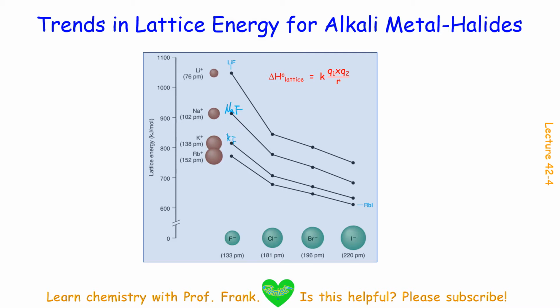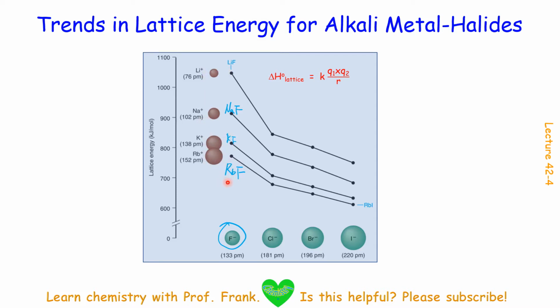Now potassium fluoride and rubidium fluoride. Because all of the 4 compounds contain the same anion, which is fluoride, the R value is determined only by the size of the cations.